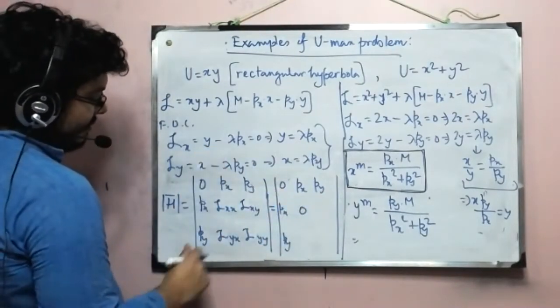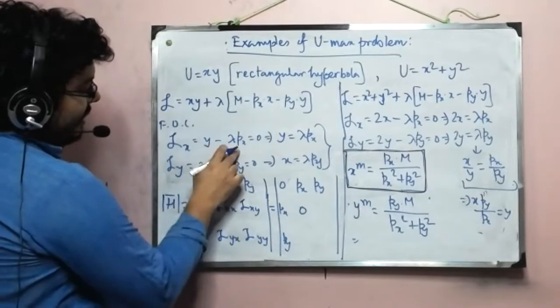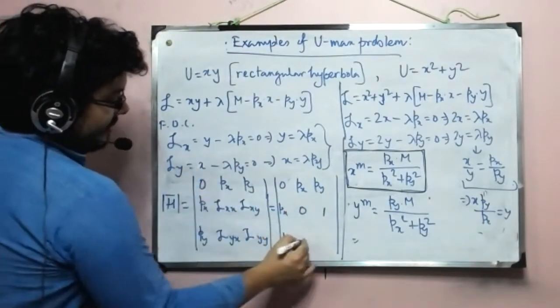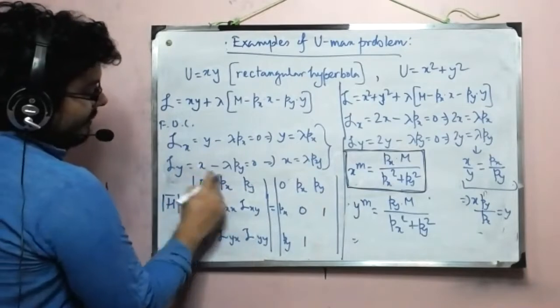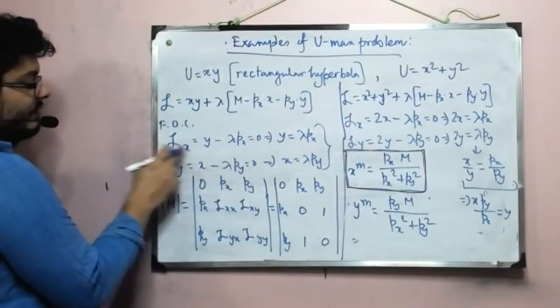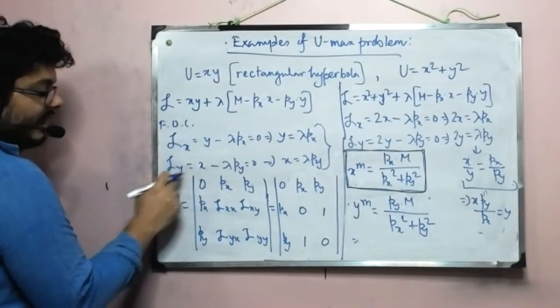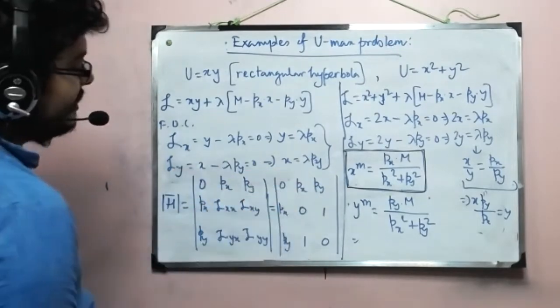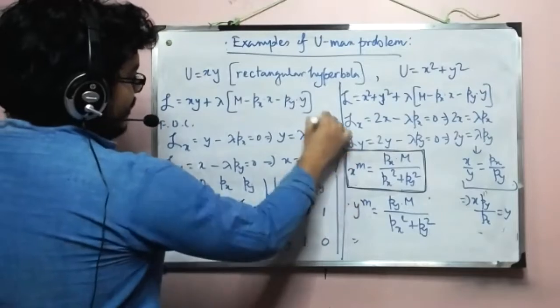And what will be lxy? That will be 1. Then lyx will be 1, and lyy again will be 0, right? If I differentiate with x, it will be 0, with y 1. Here with x 1, with y 0. Okay, so this is my bordered Hessian for this specific problem.